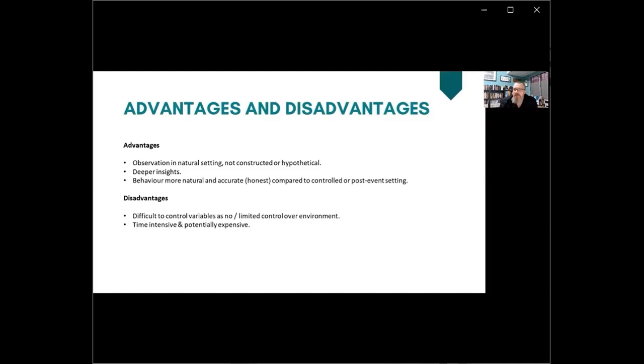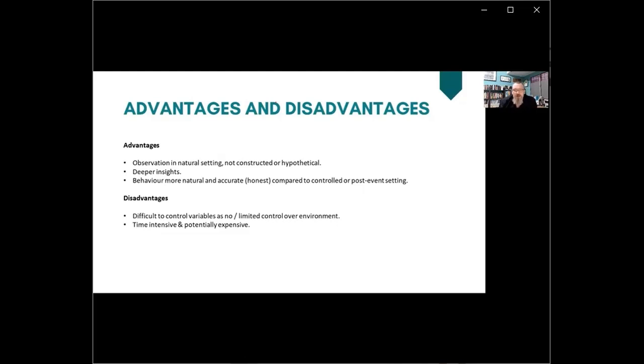Also, behavior is more natural and accurate, or I call honest, compared to a controlled or a post-event setting. So we're hoping to get the real person responding, not the observed or knowingly observed person responding.